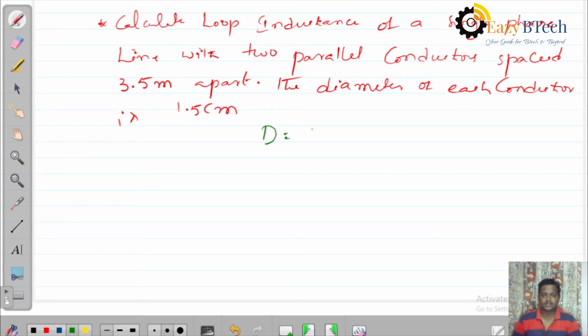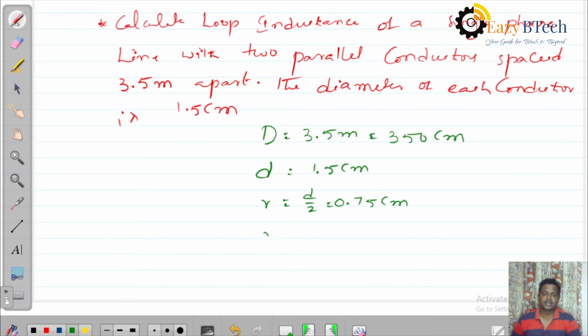The distance between the conductors is 3.5 meters, then it becomes 350 centimeters. In the previous problem they gave the radius directly, now the diameter is 1.5 centimeters, therefore the radius of the conductor is d by 2, which is 0.75 centimeters. Calculate r dash, that is 0.7788 into 0.75.